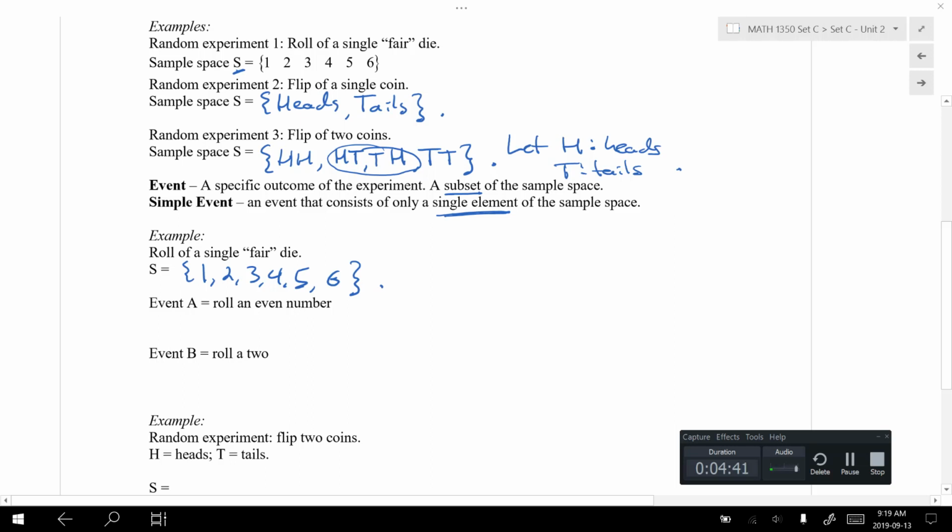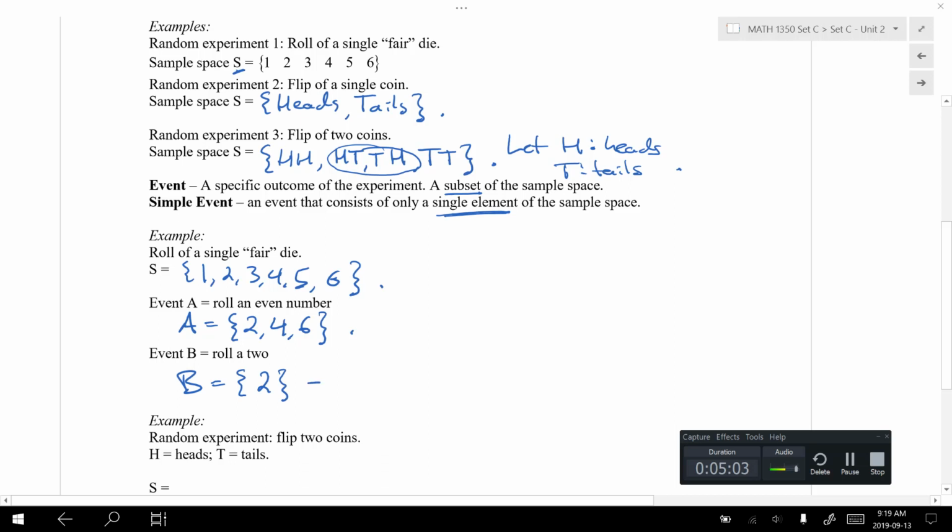An event, some subset of this, we could require or desire to know about rolling just an even number, 2, 4, or 6. Similarly, we could have an even smaller event, B here. This is just to roll a 2.